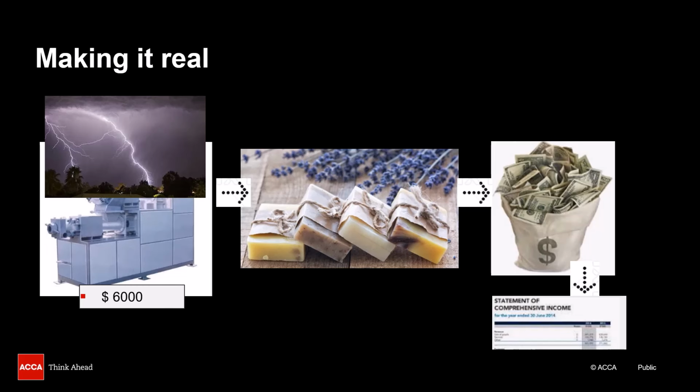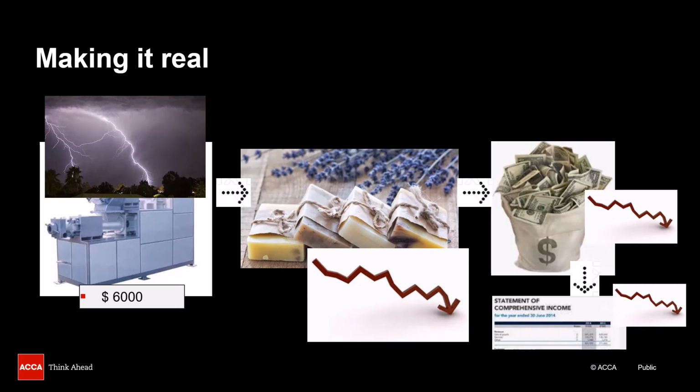Production of the soap would decrease by 40%, and the profits generated by selling the soaps would also decrease by 40%. Therefore, the future economic benefits associated with the soap machine have declined. The physical damage to the machine due to the storm would be regarded as an impairment indicator.